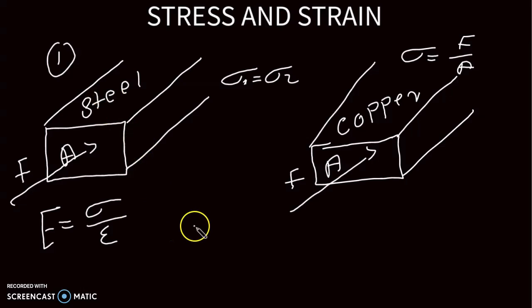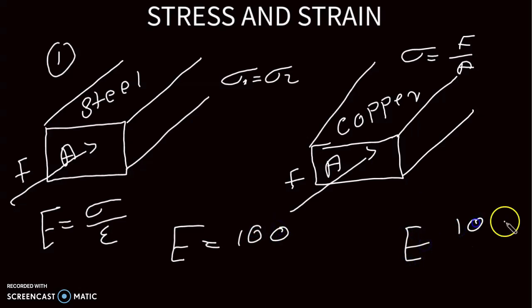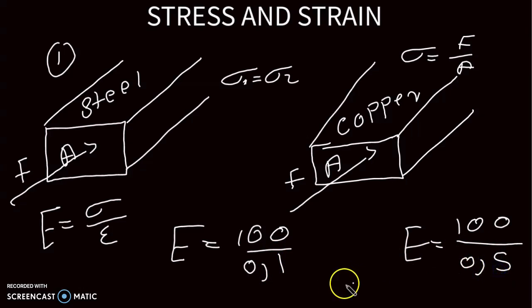So now let's say we have a stress of 100 for both, since they have the same stress. But we know that steel is not going to stretch as much compared to the copper. So let's say the strain of the steel is 0.1 and the strain for the copper is 0.5.